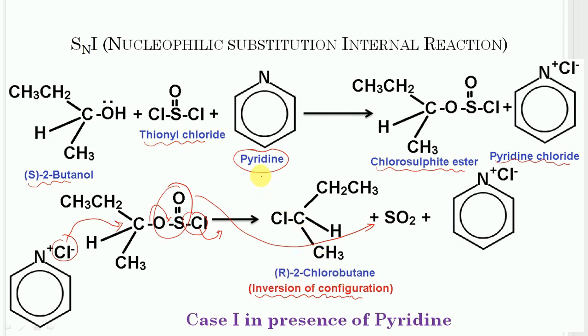And if the reaction takes place in the absence of pyridine, then in this case S-2-chlorobutane will get formed. So it is case number 2, and these are examples of the SNi reaction, which is called the nucleophilic substitution internal reaction.